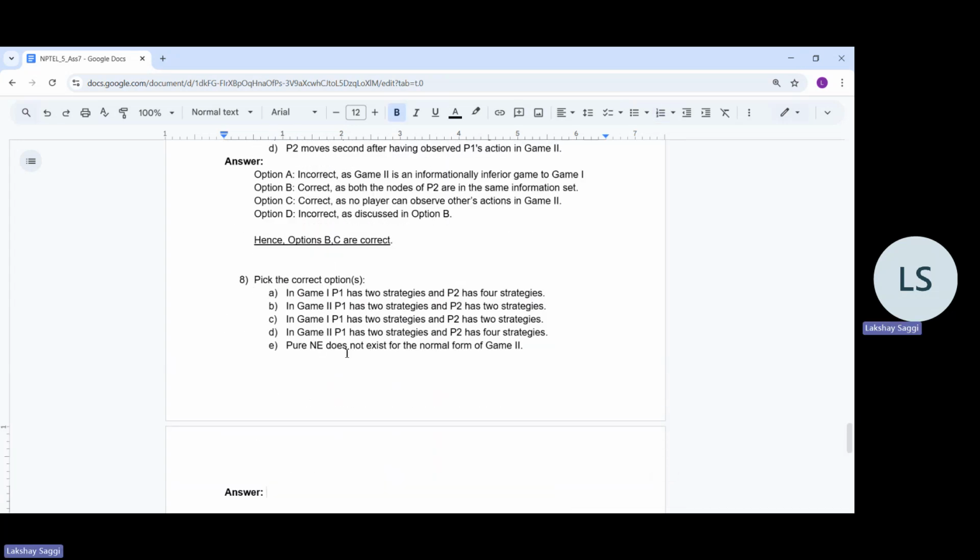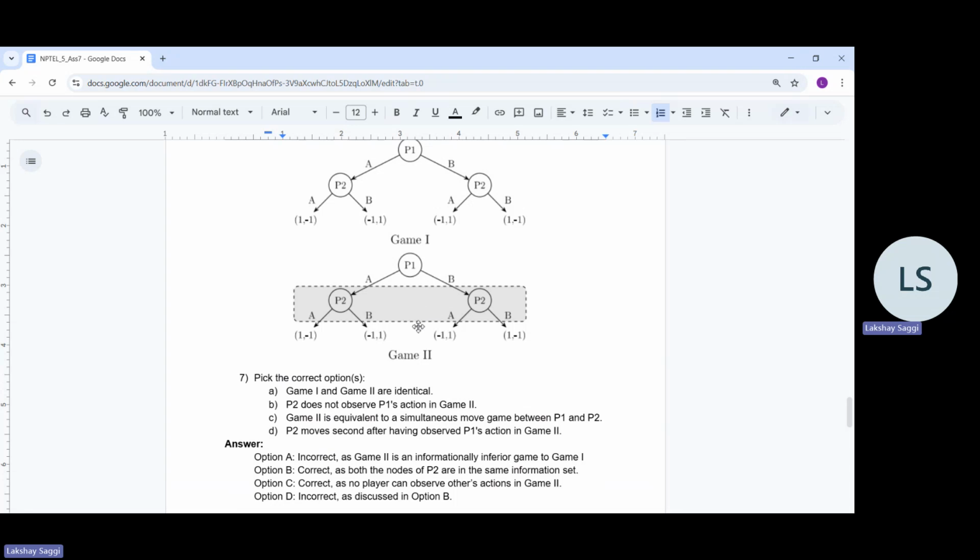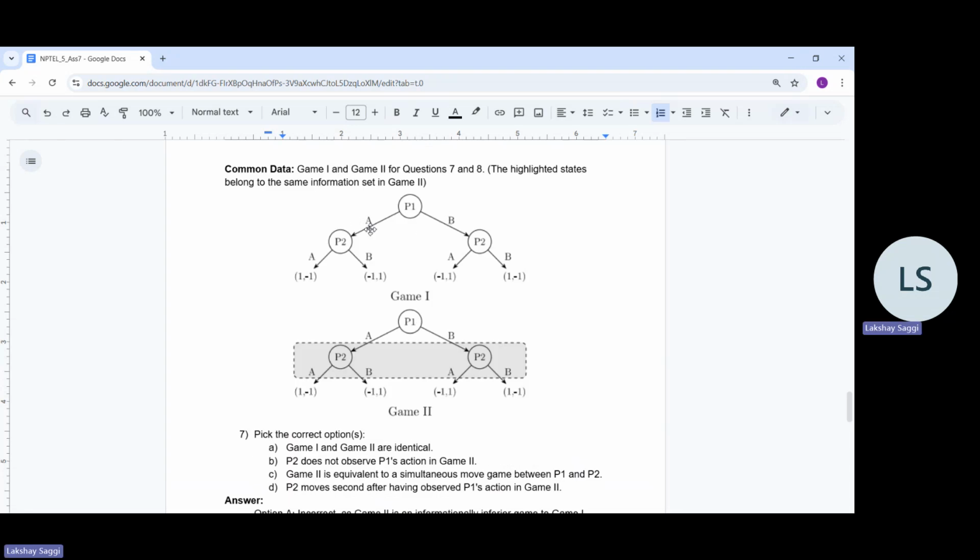Okay, now the eighth question. Again, it's about picking the correct statements between the games. Statement A says that in game one, P1 has two strategies and P2 has four strategies. Note that in game one, P1 indeed has two strategies: playing A or B. And what does P2 have?